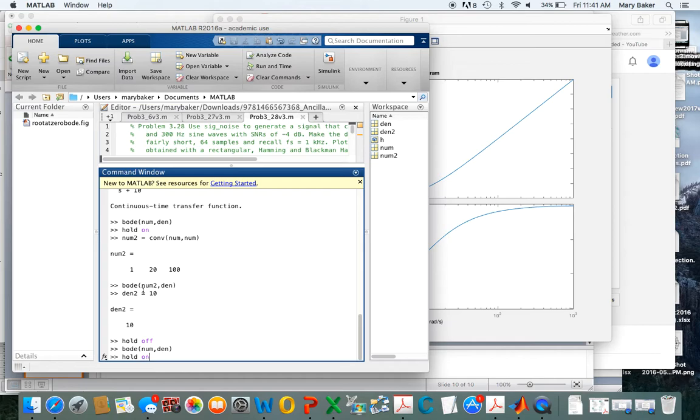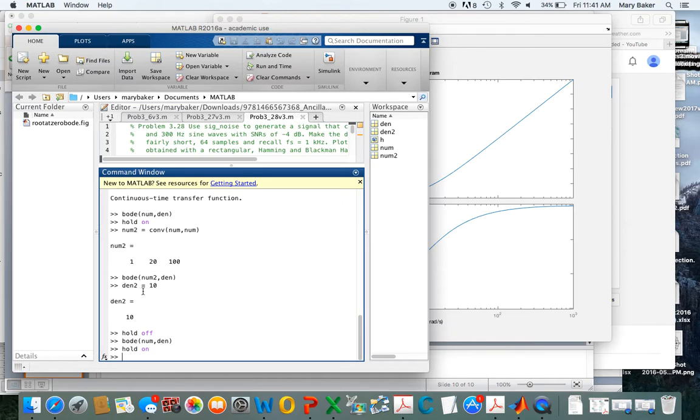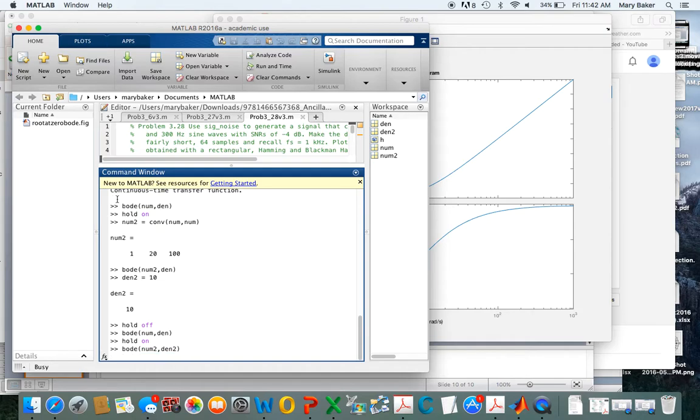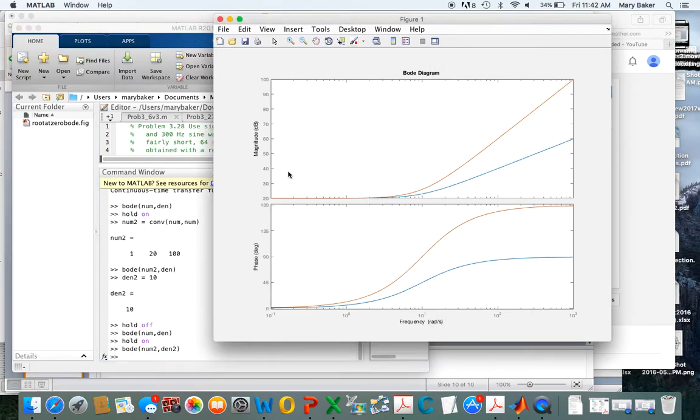Now let me hold on and do Bode of numerator 2 over denominator 2. Okay, and now I'm going to get what I want to see here. So I adjusted the gain so that they have the same low frequency gain, and I'll show you how I did that.